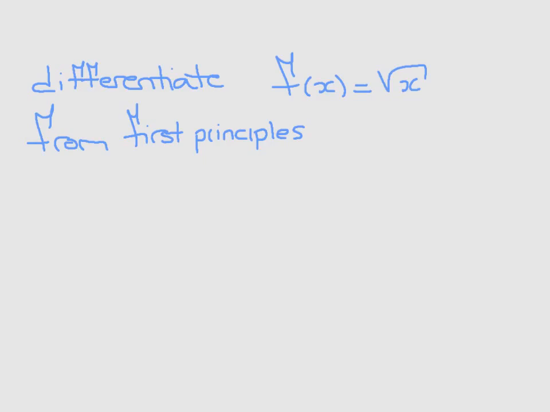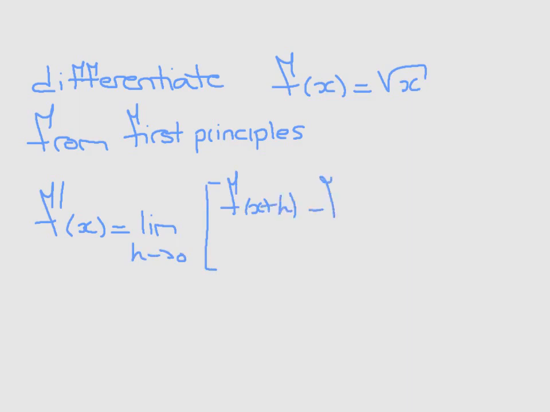Let's see how to differentiate f(x) = √x from first principles. Now, a quick reminder, when we differentiate a function from first principles, we really go back to the definition of a derivative. And that is that f'(x) is equal to the limit as h tends towards 0 of (f(x+h) − f(x))/h.